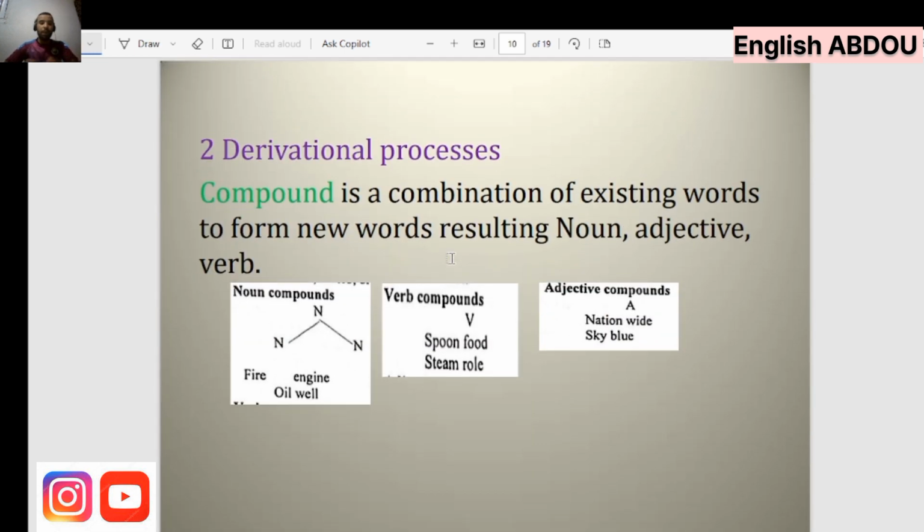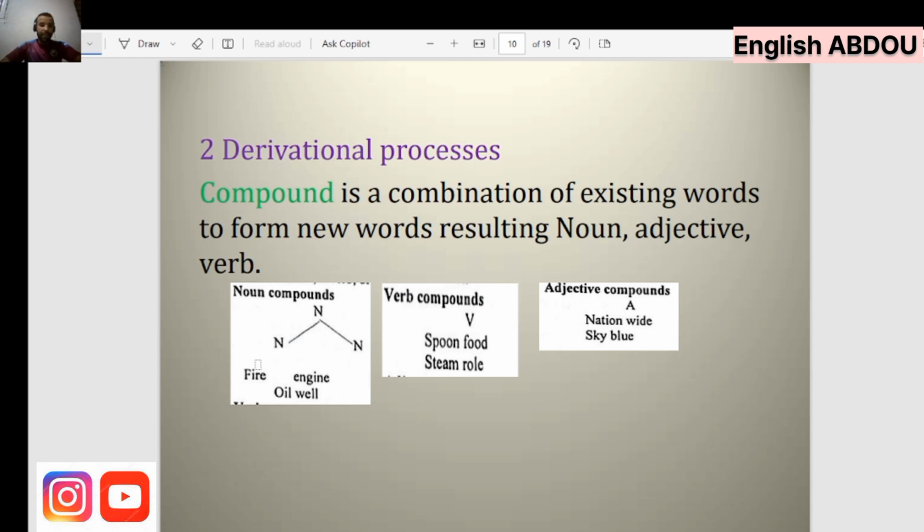The next process, or the last one, is derivational processes. We have compounding, which is a combination of existing words to form new words, resulting in nouns, adjectives, verbs. As we know, two words together will give us a compound. Like here, we have fire and engine. So fire engine means something, like fire engines.